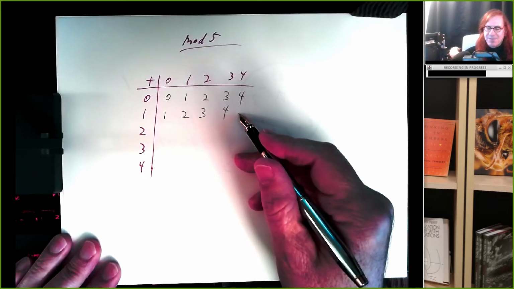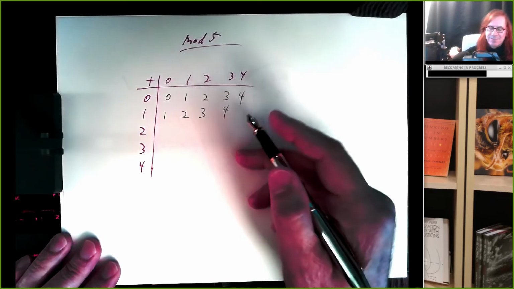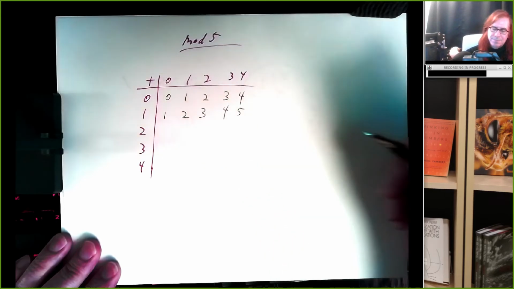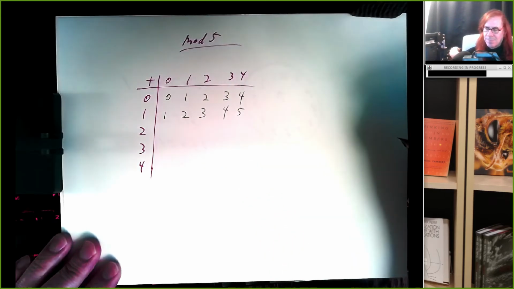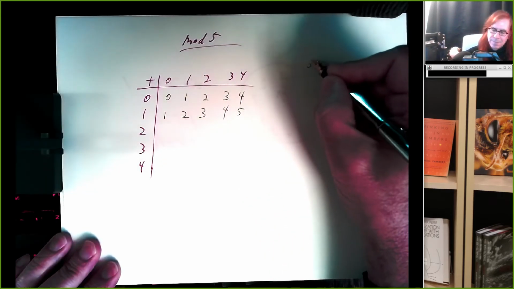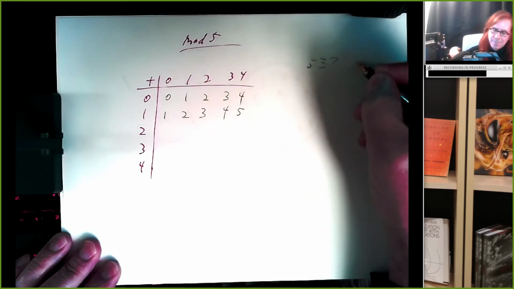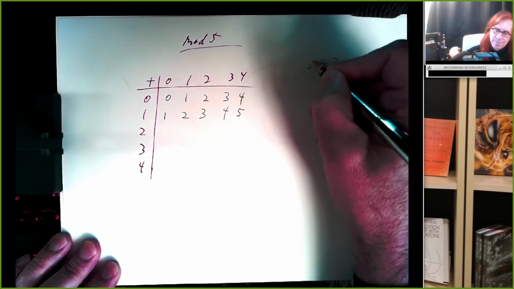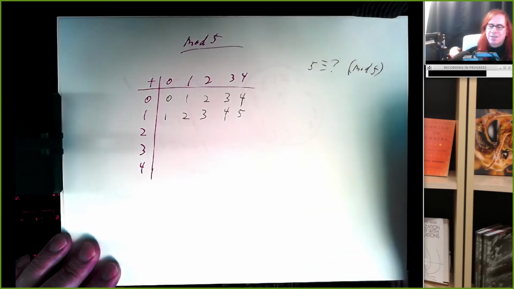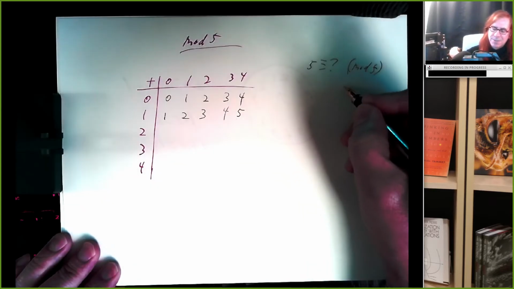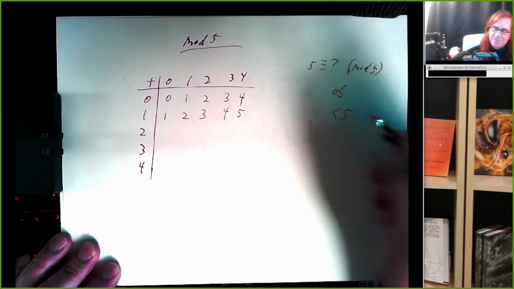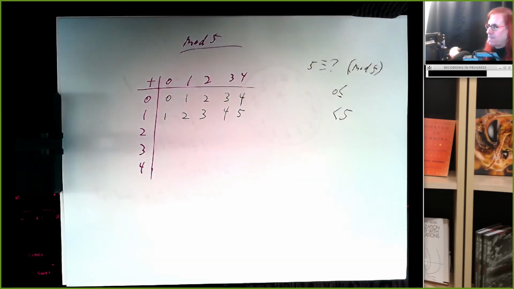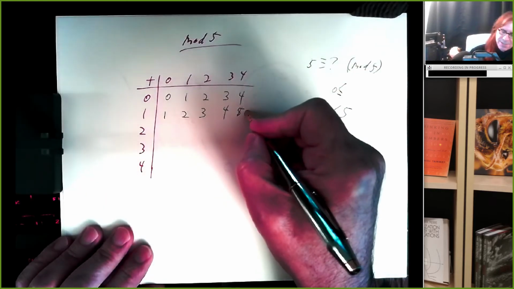But what is 5 congruent to modulo 5? So what can I find that's congruent to 5 but between 0 and less than 5? Zilch, someone said. So this is actually a 0.